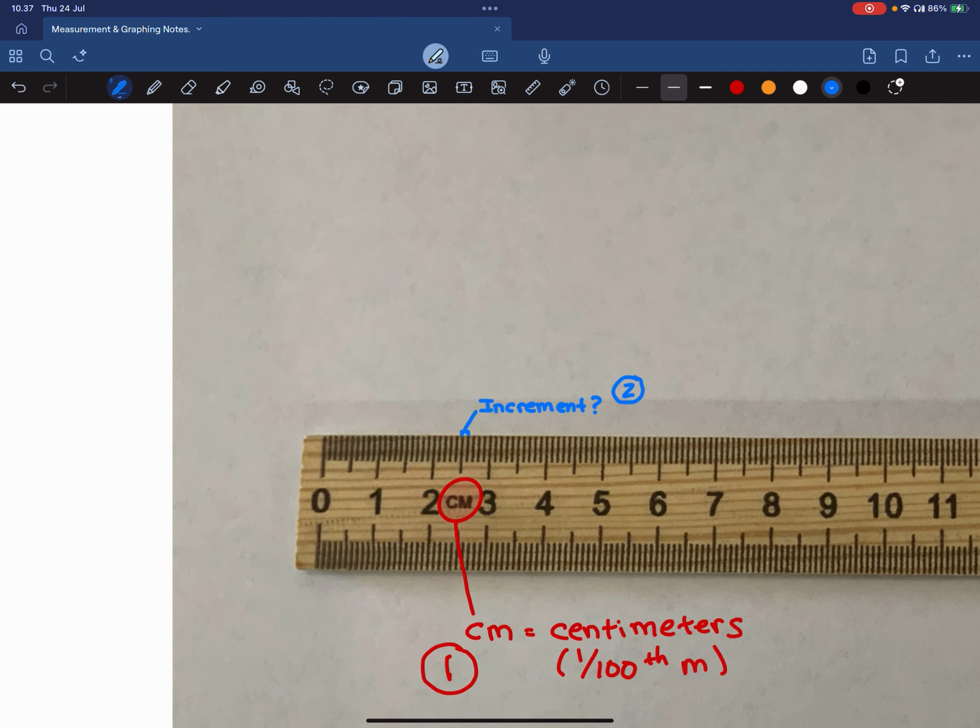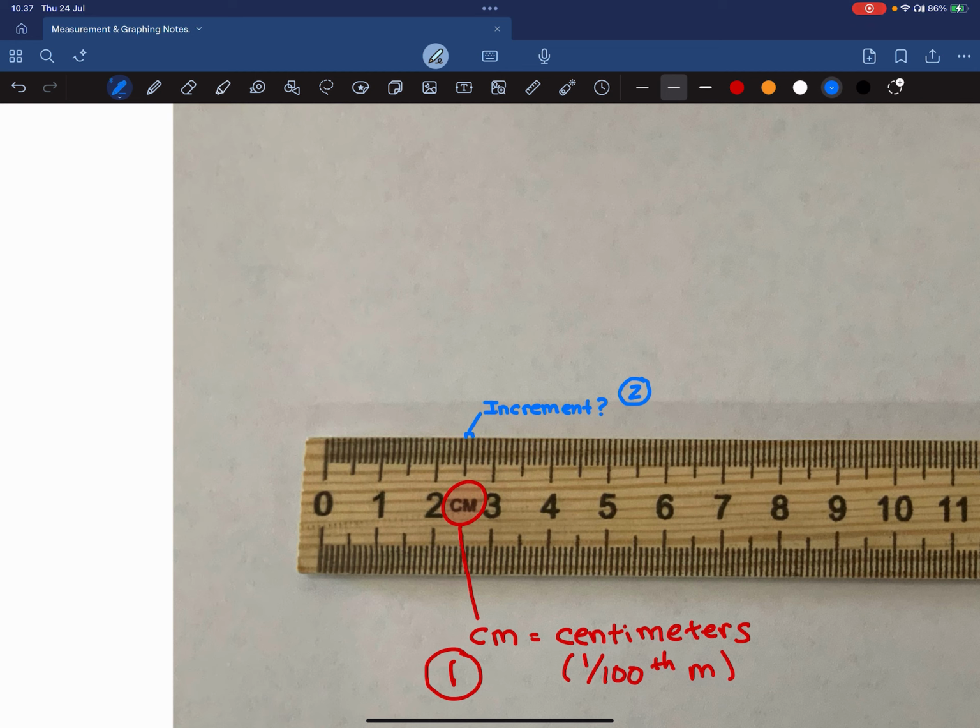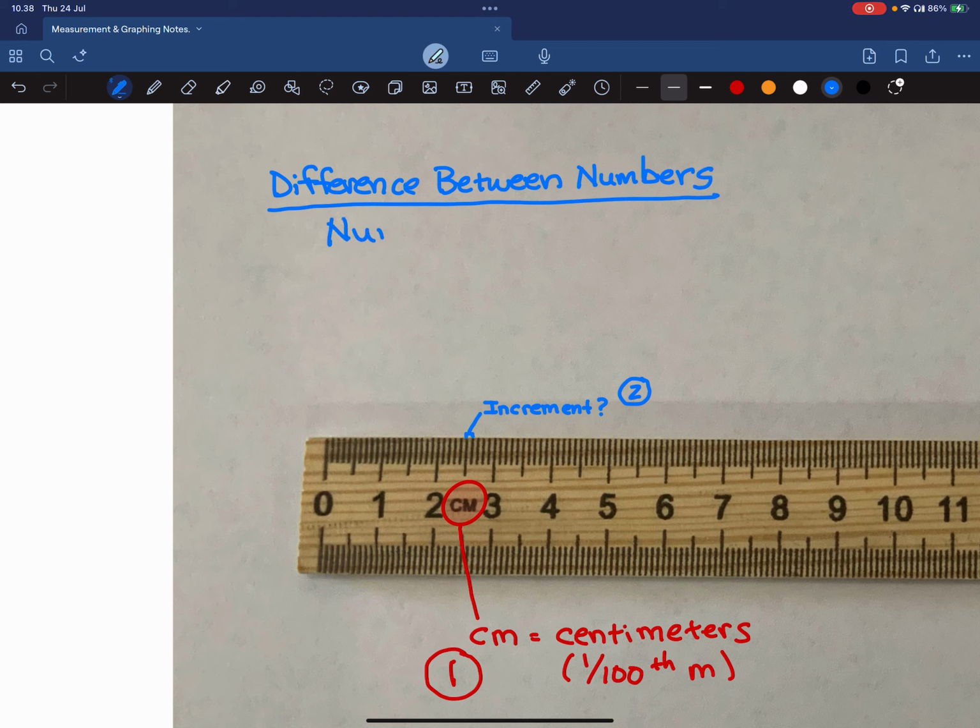The first thing that you do to figure out the increment is you take the difference between the numbers, and then you divide that by the number of spaces.